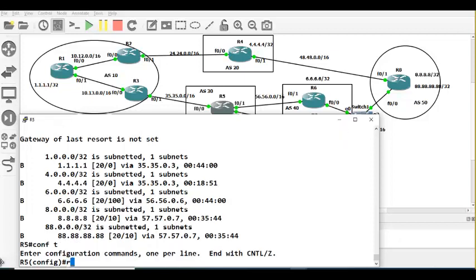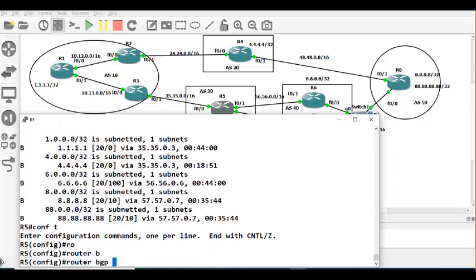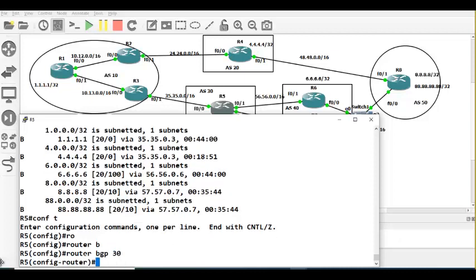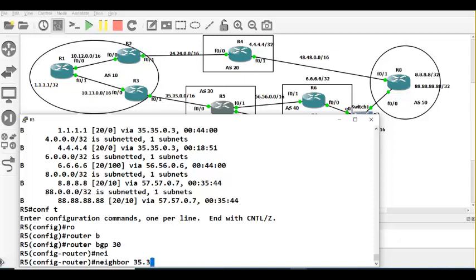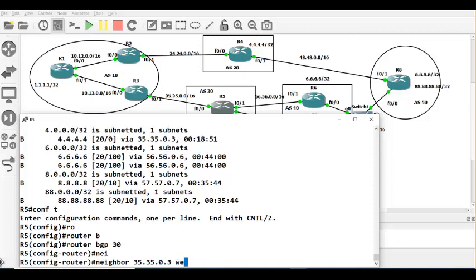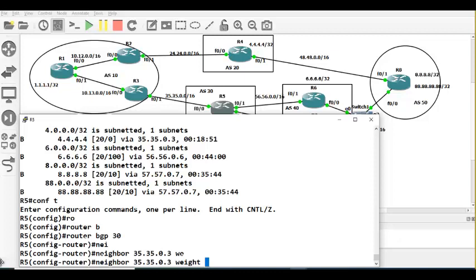Let's check it out. Router BGP, routing. Neighbor 35.35.0.3, weight is the command. You know what is the meaning of this?